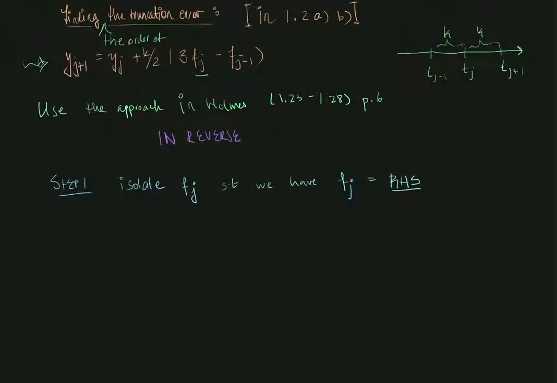Because in the end, the truncation term is the difference between our finite difference approximation of y prime, which is exactly Fj of y prime and Tj, and our exact value of y prime and Tj. So we start by isolating Fj such that we have Fj on one side and everything else on the right-hand side.